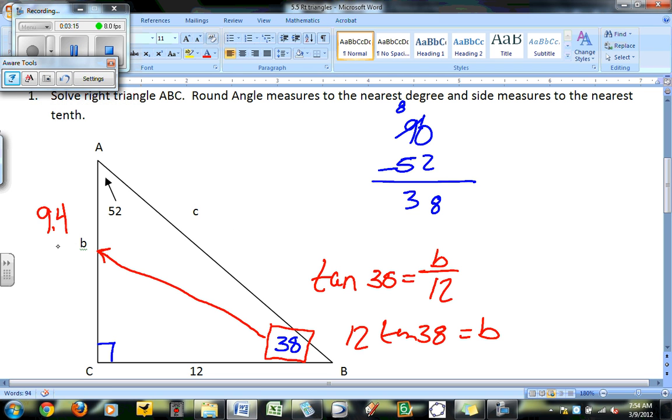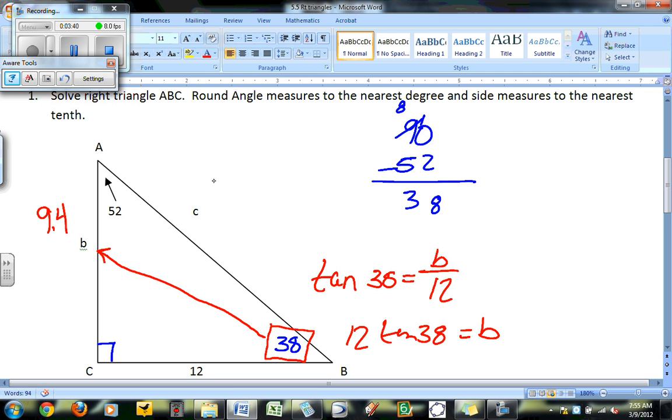If you've ever heard of the butterfly effect, if you change something small in the past, it can have a very big change in the future. That's kind of the same thing when you round a number. When we made that number equal 9.4 instead of that huge decimal, that can have a really big effect on the length of c. So I'm not going to use 9.4 for that.